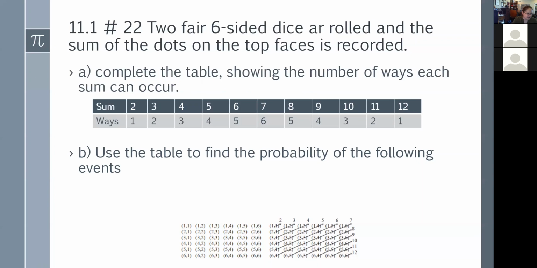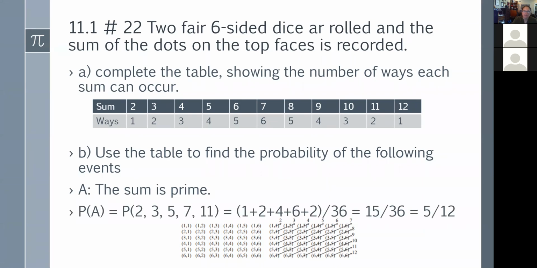Part B says to use the table to find the probability of each of the following events. Event A is that the sum is prime. So if the sum is prime, that means it needs to be 2, 3, 5, 7, or 11. There are 36 different possibilities down here.